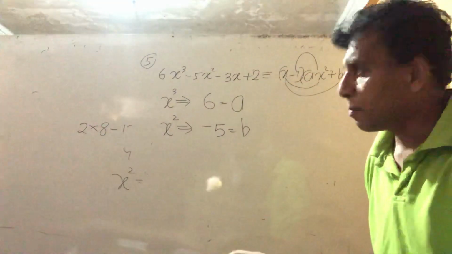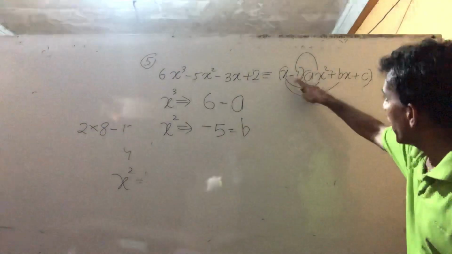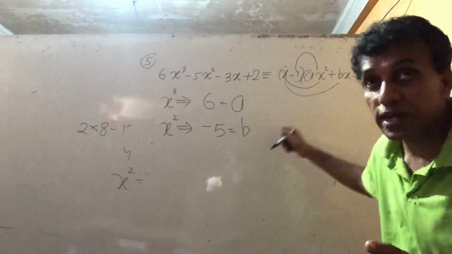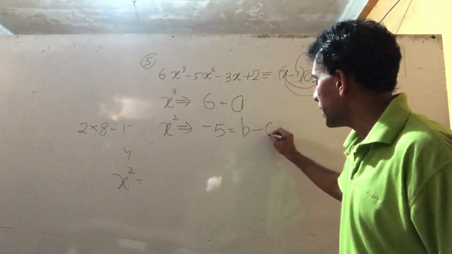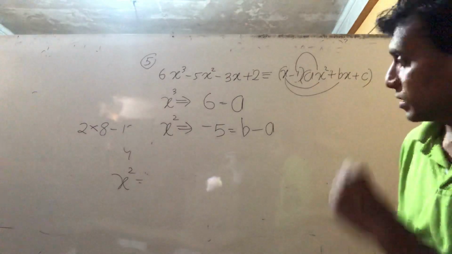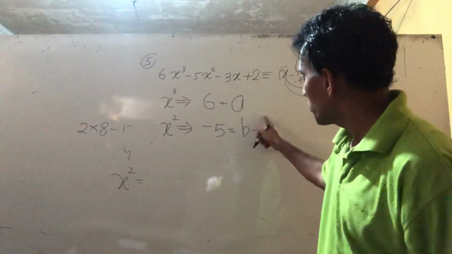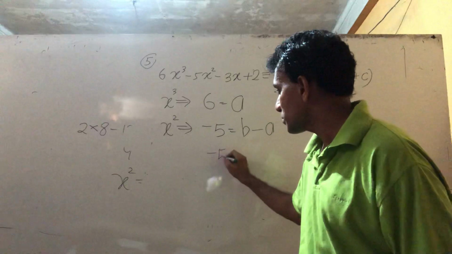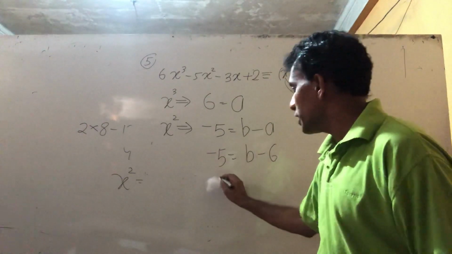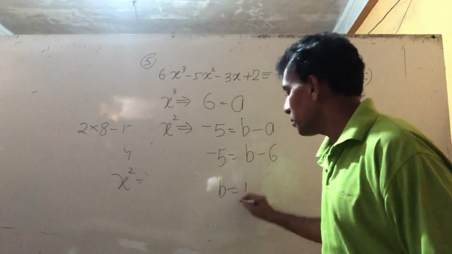That is also easy, but practice without it. No chance of any other. You know a is 6, so put a as 6 and find b. So b is 1.